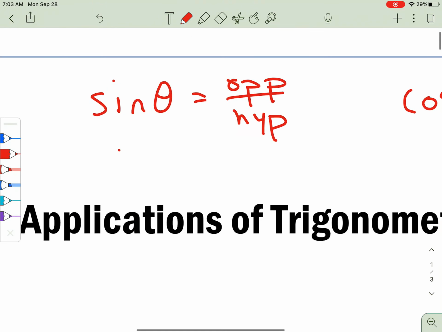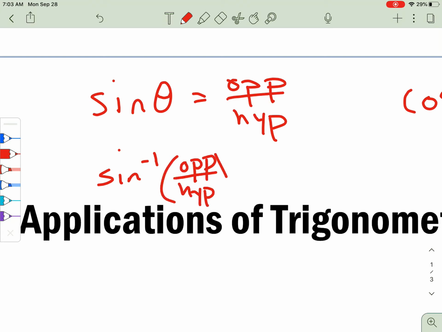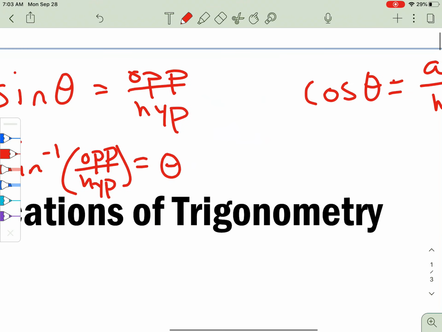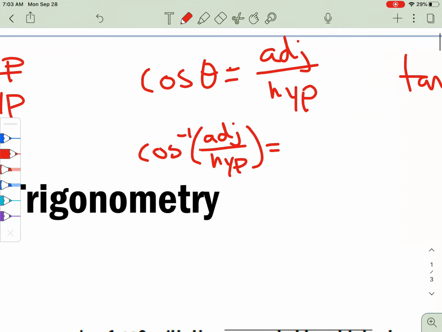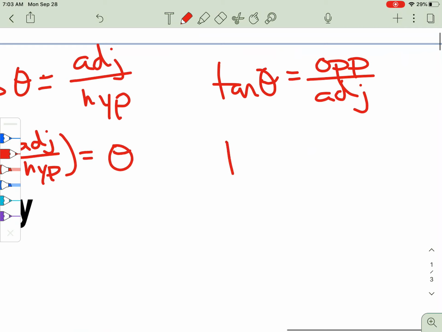We also talked about their inverse. So the inverse of sine, right, is the opposite over hypotenuse, and that's equal to the angle theta. Okay, cosine's inverse is the adjacent over hypotenuse, and that's equal to the theta there.